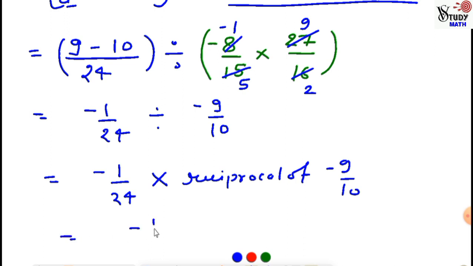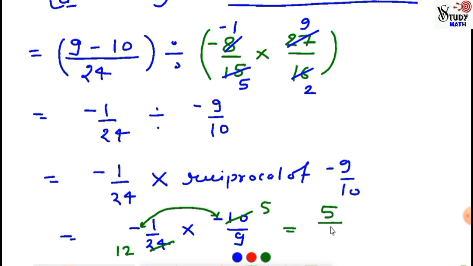So we have negative 1 by 24 multiply the reciprocal of this number, negative 10 upon 9, because the negative sign always remains in the numerator. So 12 2s are 24 and 2 5s are 10. This negative sign will multiply this negative sign and become positive. So what we have? We have 5 by 108. And this is the answer of this question, my dear students.